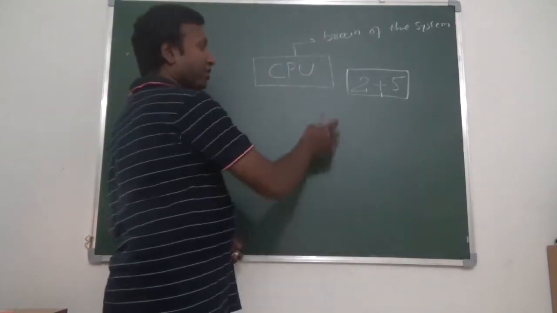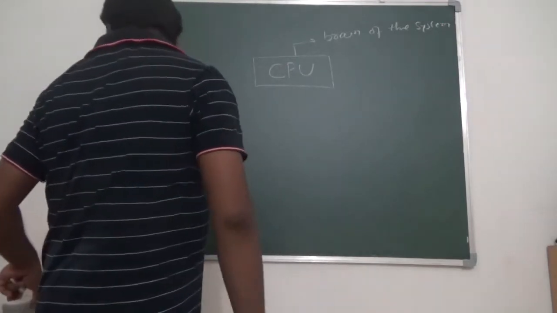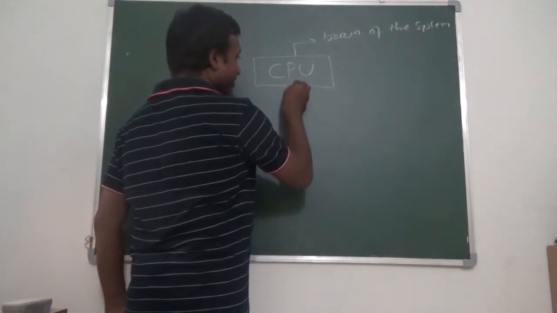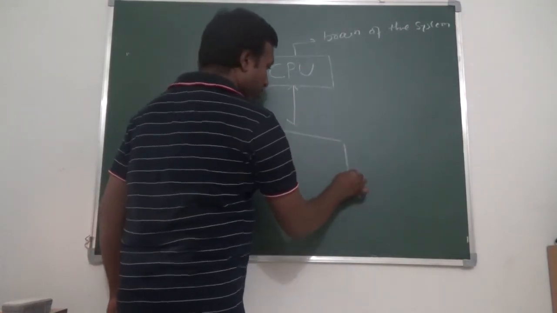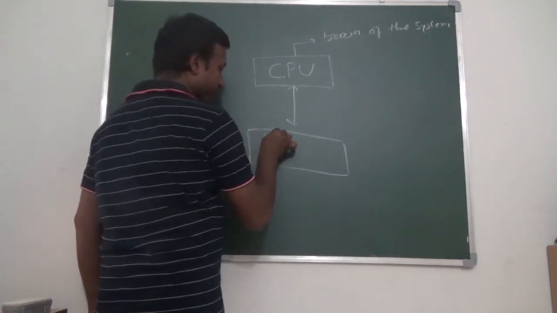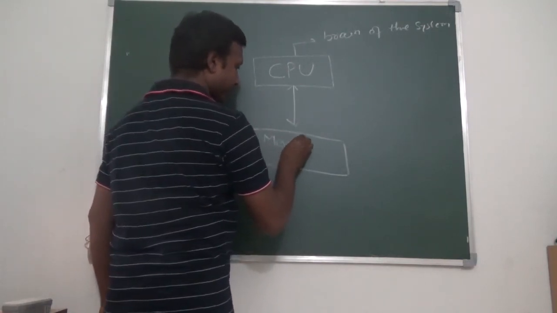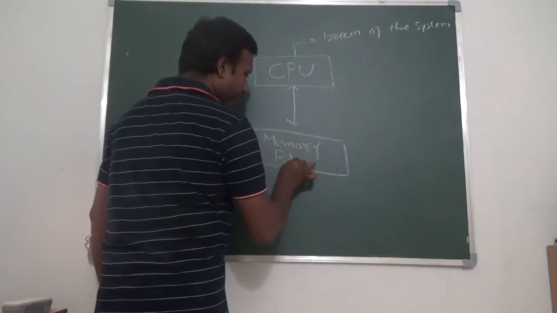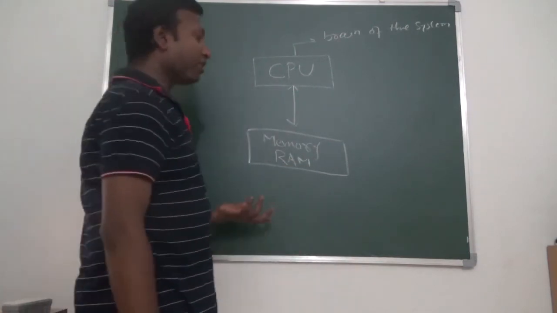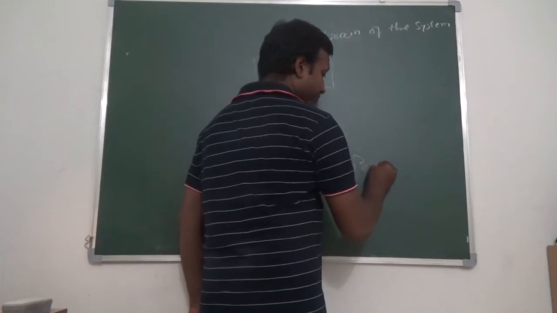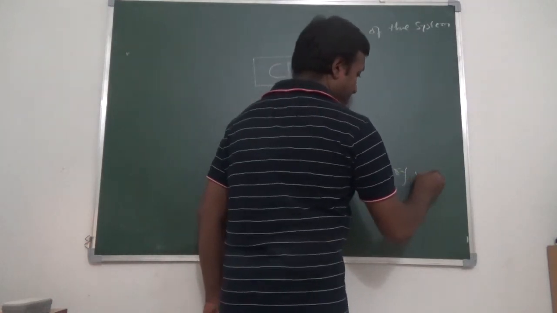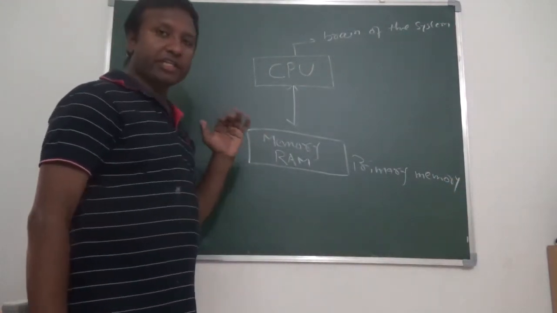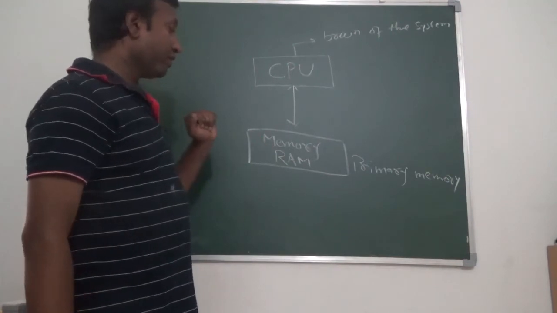Now each instruction is executed by this CPU, but the question is how the CPU will get the instruction. The CPU gets the instruction from a unit called memory. Okay, so memory is basically the RAM, the random access memory, which is normally also called the primary memory. So all the instructions and all the associated data are stored here in the memory.